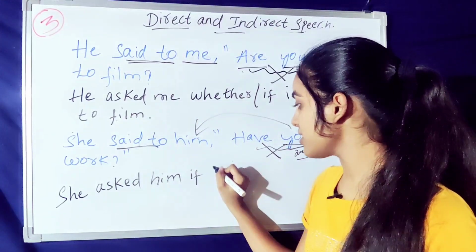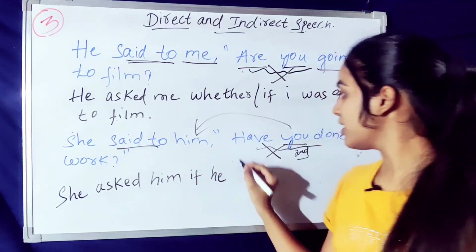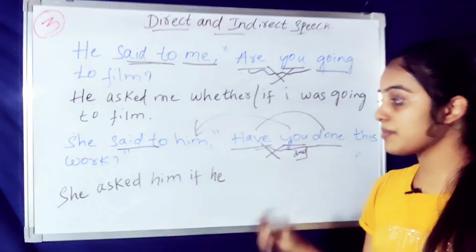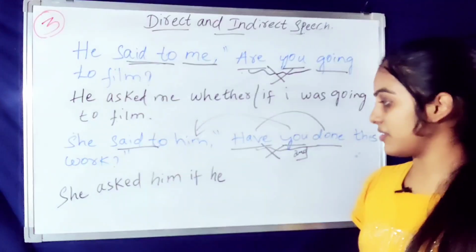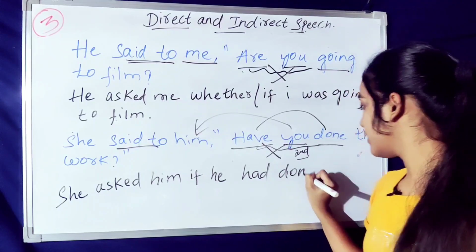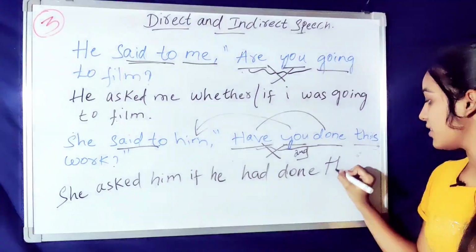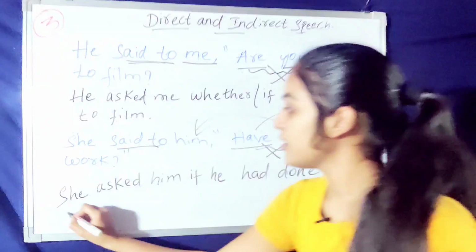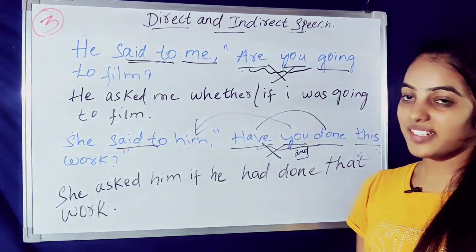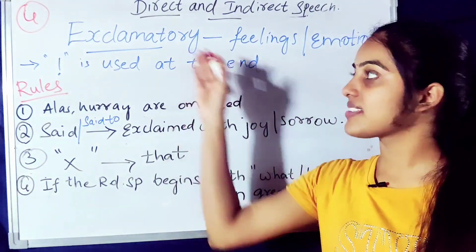So it will be changed to if he have done. It is in present perfect. Present perfect will be changed to past perfect. If he had plus V3, had done. This will be changed to that work. Full stop.